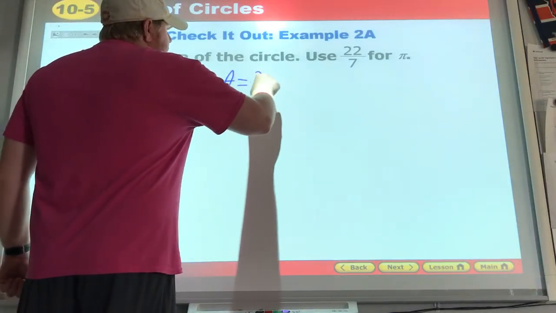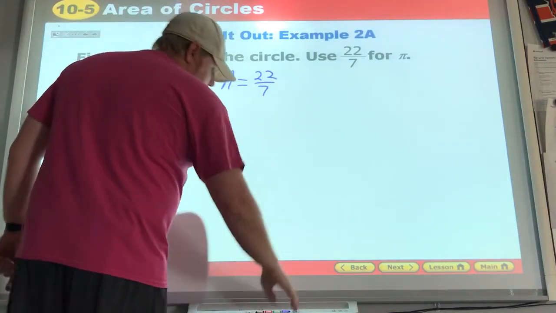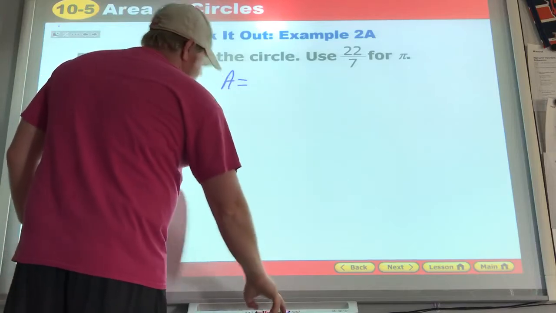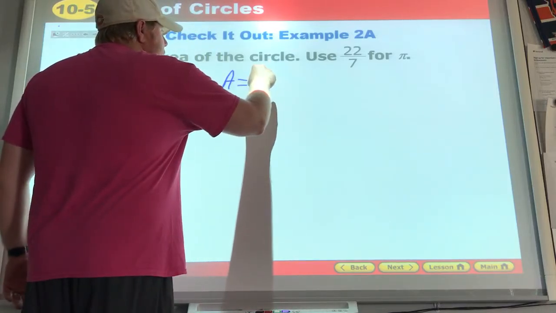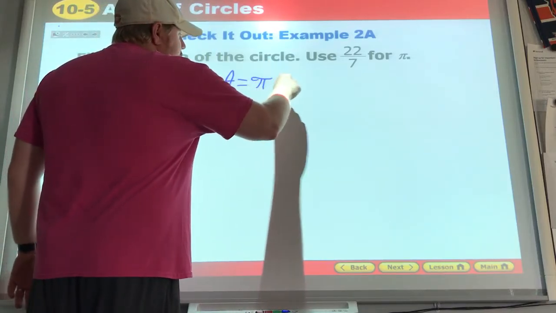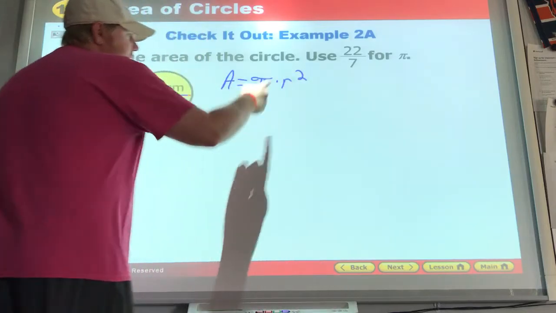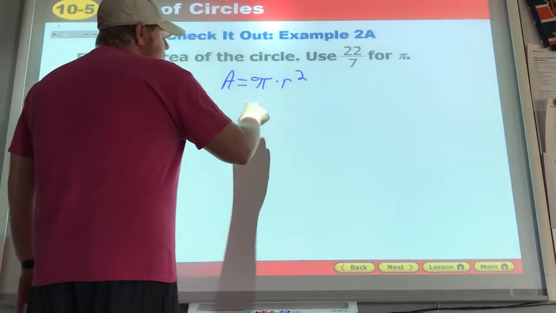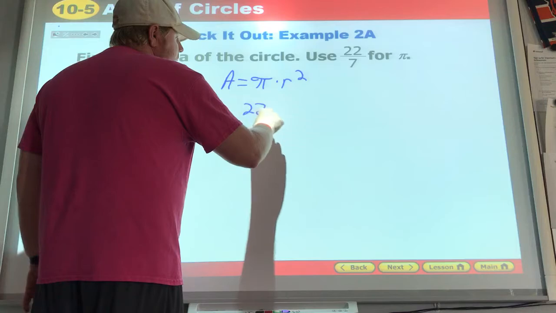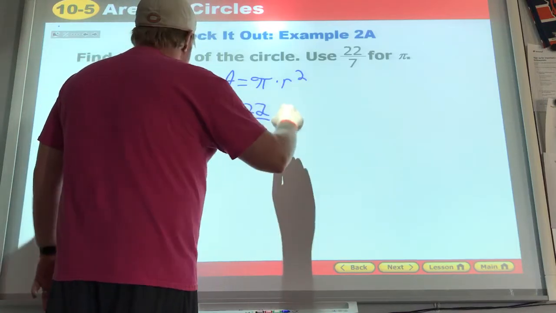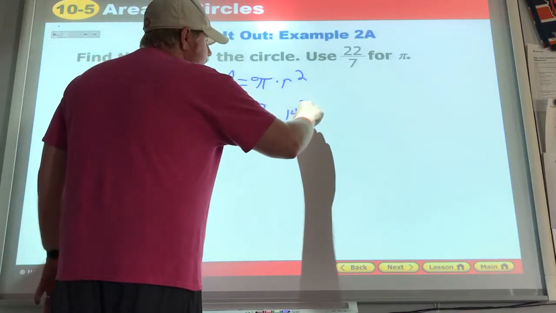Area equals 22 over 7. Oh, nope. Your 6th graders got to do this a bunch of times. All right, equals pi r squared. That's how you find the area of a circle. 22 over 7 times 14 squared.